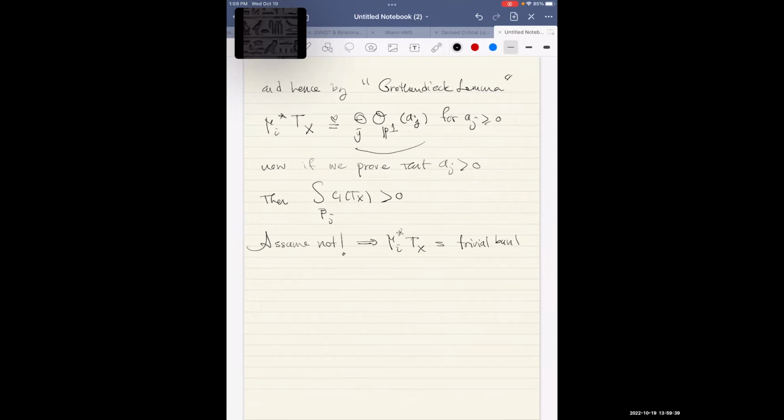Then if I look at the tangent bundle of P1, it actually maps to the pullback of the tangent bundle of X. This is the Euler sequence: if I pull back the cotangent bundle, it maps to the cotangent bundle of P1, but at the level of the Euler sequence, it tells you the tangent bundle of P1 maps to the pullback of the tangent bundle of X. And then this would be the zero map.